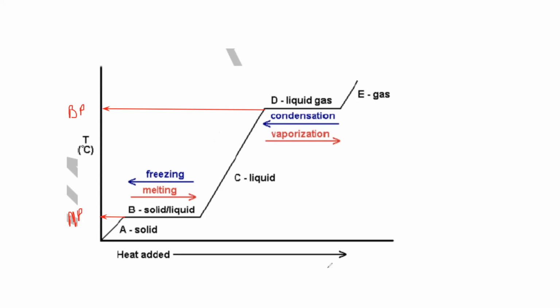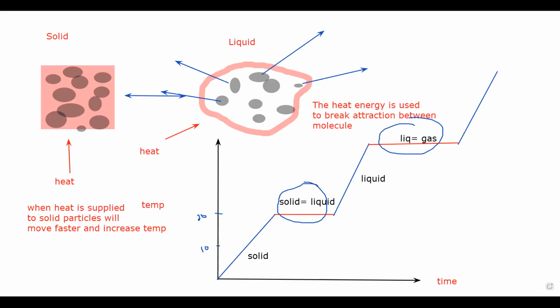Another example: if you have a graph, a heating curve, and you have to label the positions and the states. This is a graph.